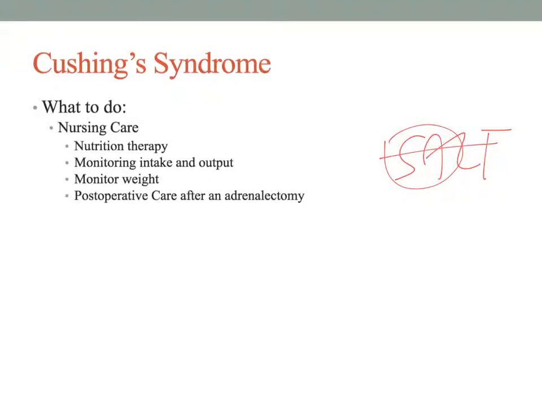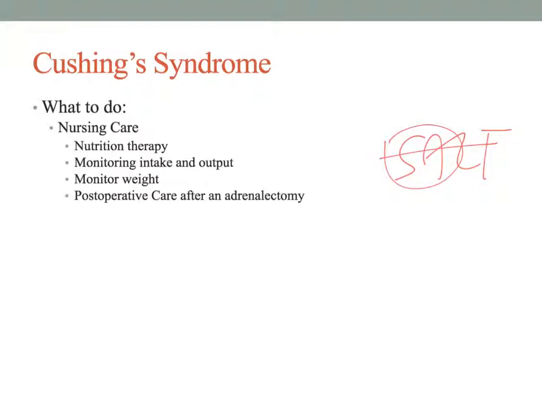It's a priority intervention as a nurse taking care of a patient with an adrenalectomy. And remember, we have corticosteroids from our adrenal glands in order to protect us against stressors. Once we remove that, the patient is at risk for stressful situations, stressful medical diagnoses.